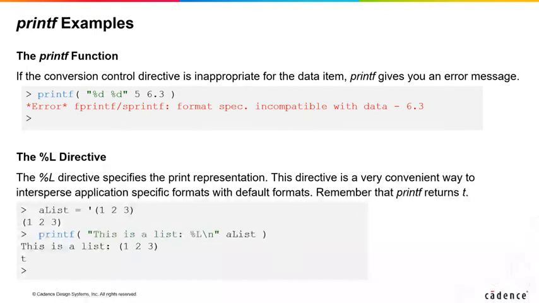To print out that list, we say printf, and in that control format, we say this is a list colon %L. So where the %L is, we want to substitute in the variable a list. And because it's going to use the default format, it will simply print it out. So we see this is a list colon 1, 2, 3. We have the new line character, we get a new line, and then we see the return value of printf itself is t.